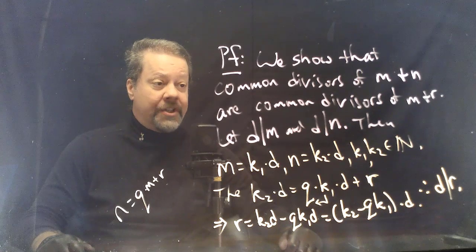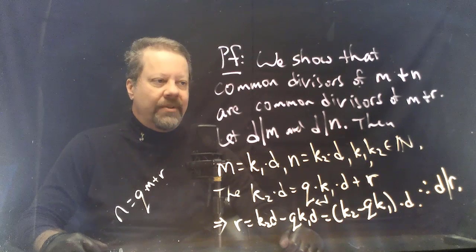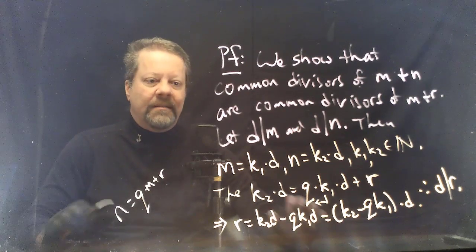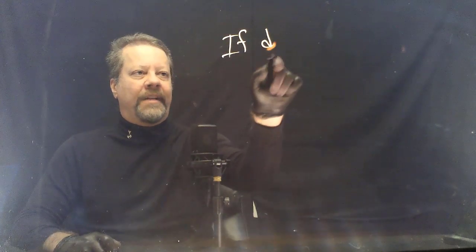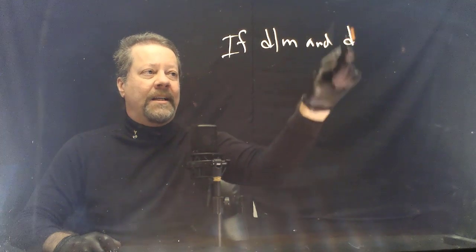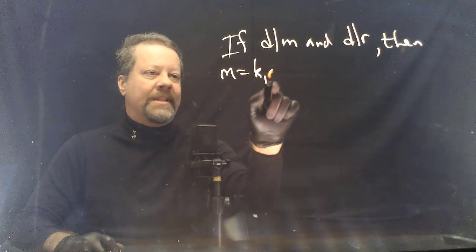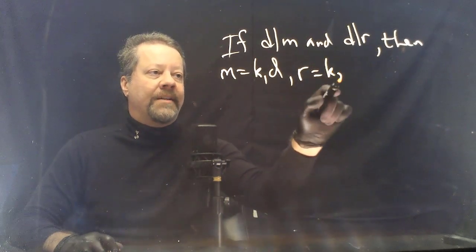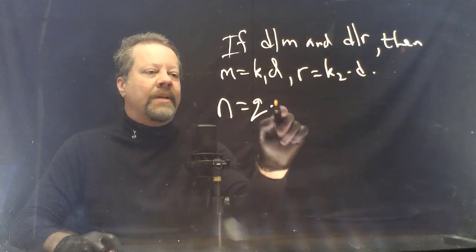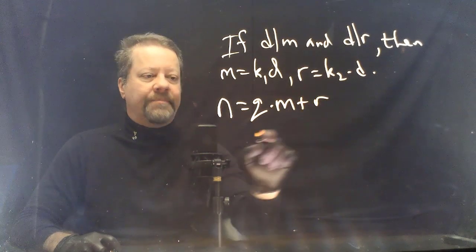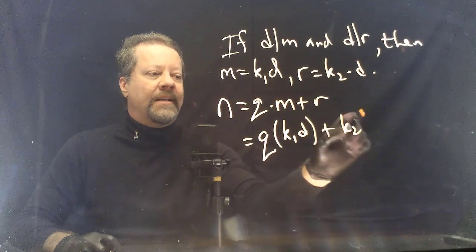The only thing left to check is if the common divisor issue goes the other way around as well. Do the common divisors of M and R, are those also common divisors of M and N? If D divides M and D divides R, then M is K1 times D and R is K2 times D, which means N, which we know is Q times M plus R, will be Q times K1D plus K2D.